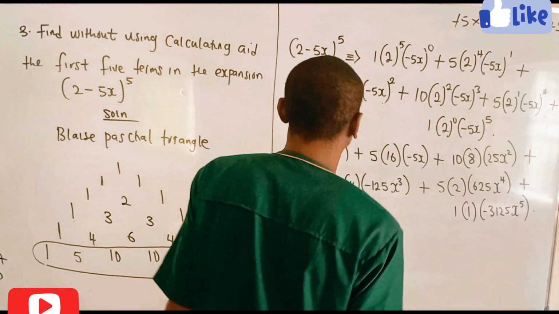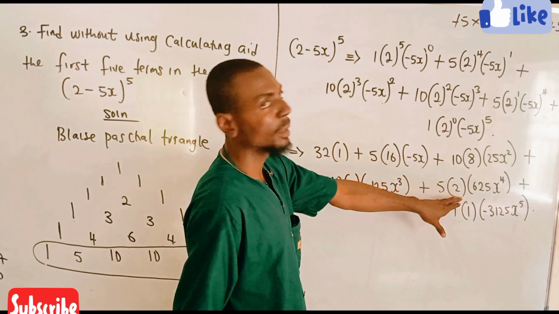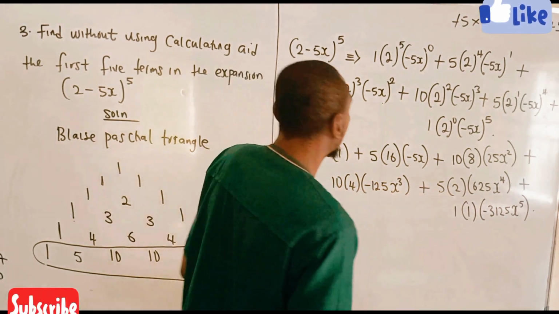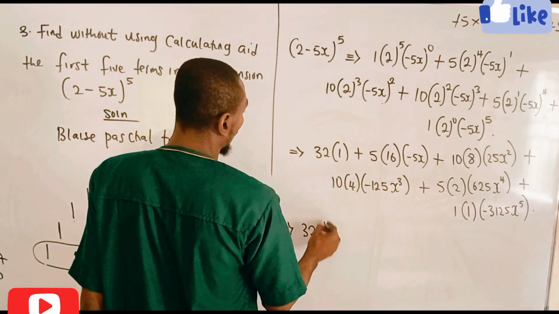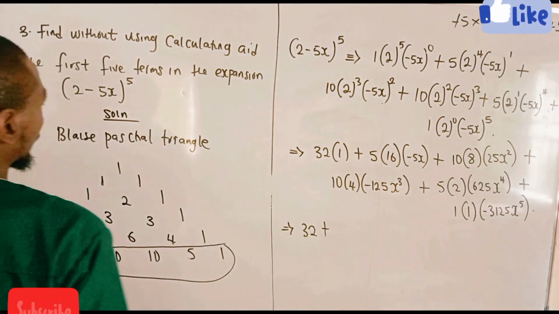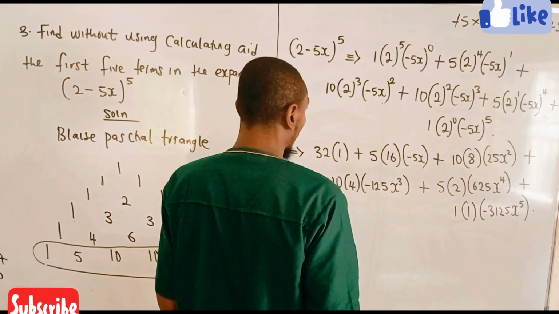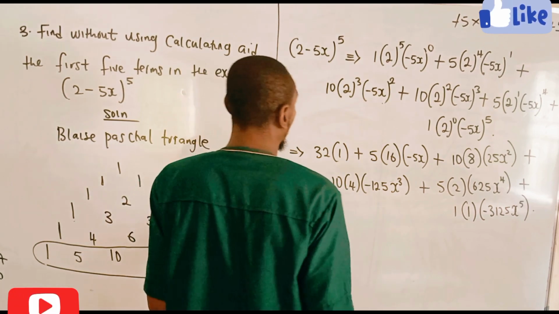So finally, since they say the first 5 terms, we can actually stop here. We can actually stop at the 5th one, but let's complete it. So we have this equal to 32 plus. We're going to multiply out our answers now, so that we have 5 times 16 times minus 5 will give us minus 400.